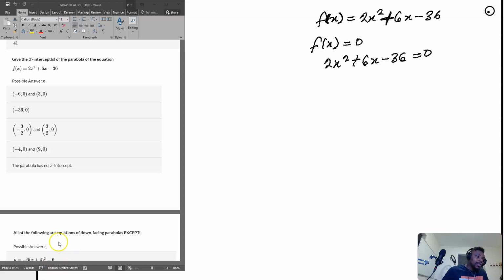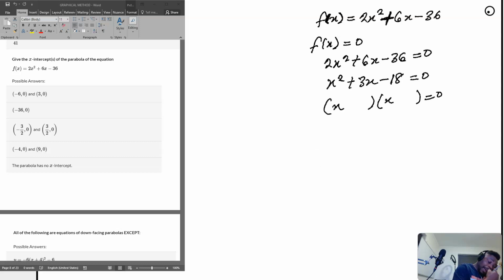So in this case, I have to solve this equation. Let's divide through by 2. So x squared plus 3x minus 18 is equal to 0. You can easily use the factorization method for this one. So this is x, 6, 3, plus minus. So x is minus 6 or 3.